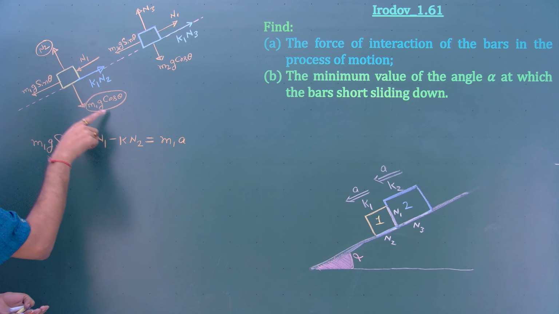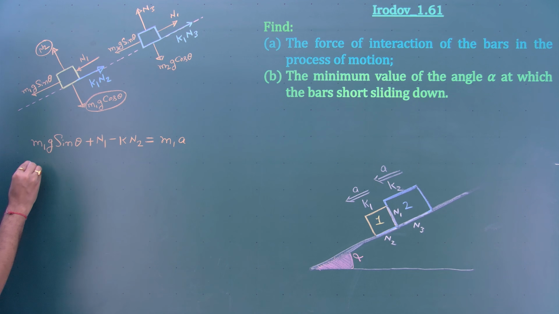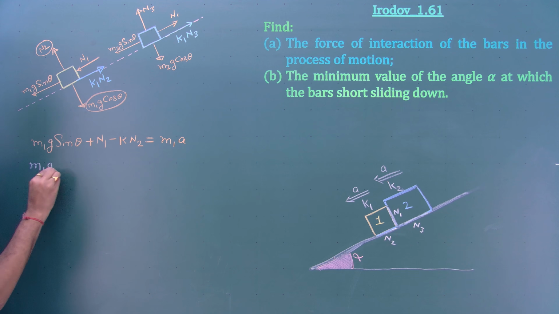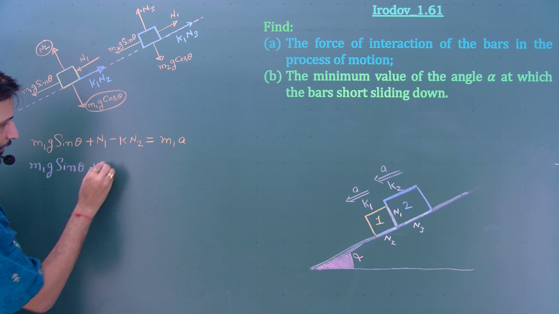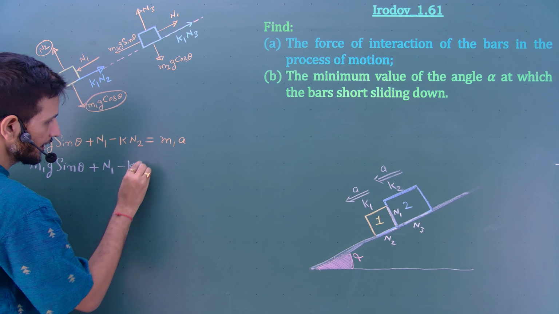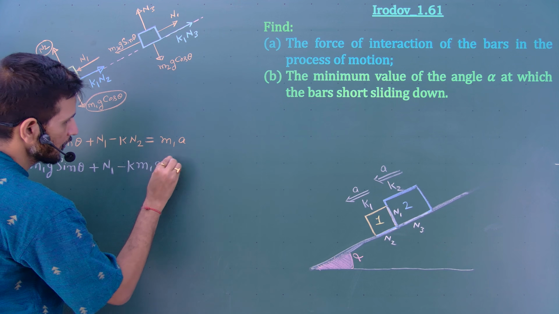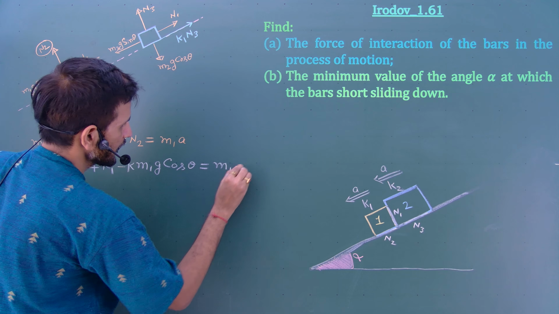Now N2 is equal to m1g cos theta, so put this in: m1g sin theta plus N1 minus k1 m1g cos theta must be equal to m1 into a.